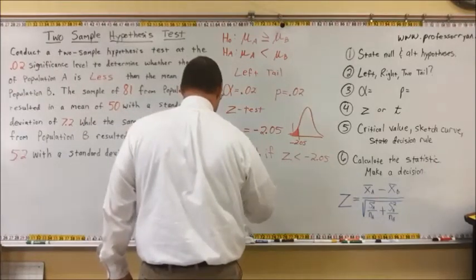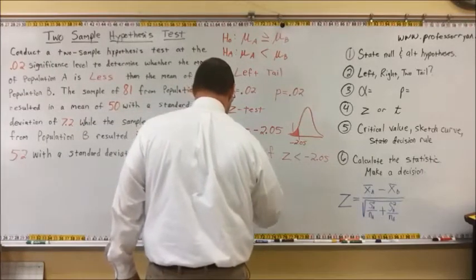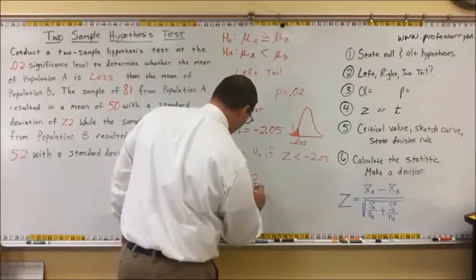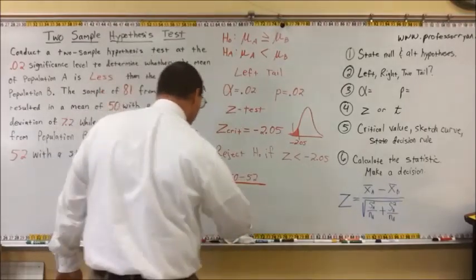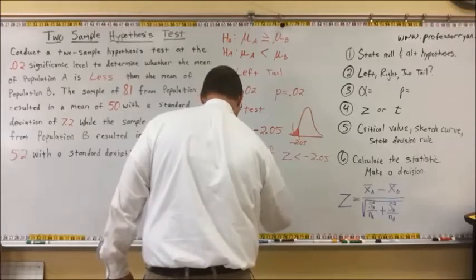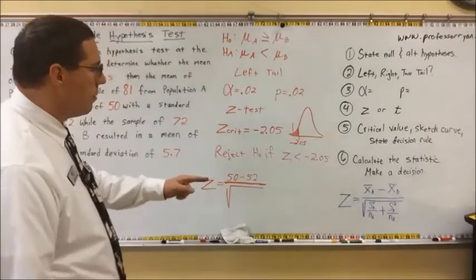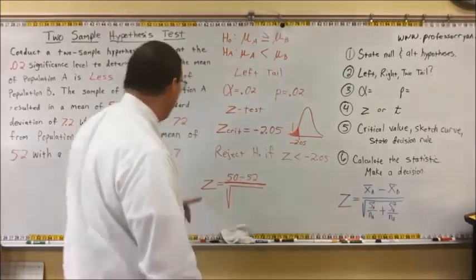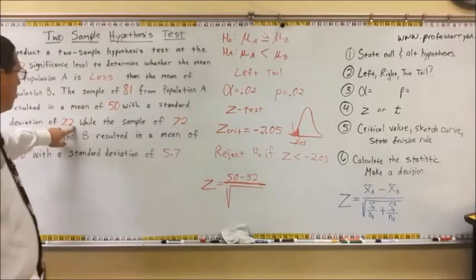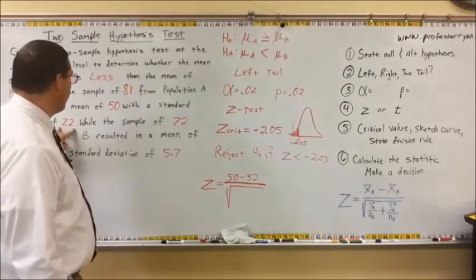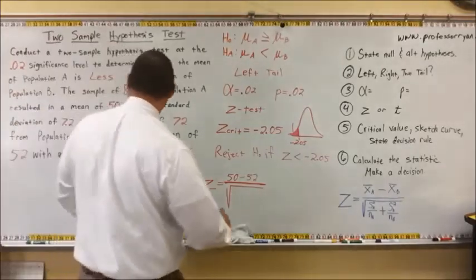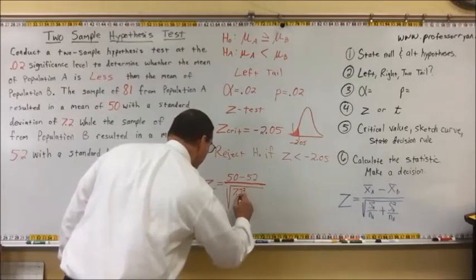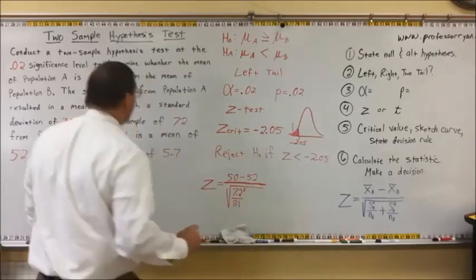So 50 minus 52 divided by the square root of the standard deviation of A squared divided by the sample size of A. Standard deviation of A is 7.2. We're going to square that, and we're going to divide it by a sample size of 81. So 7.2 squared divided by 81.